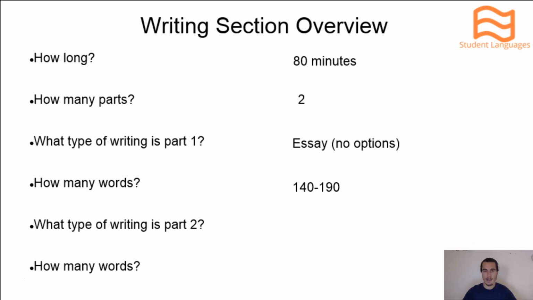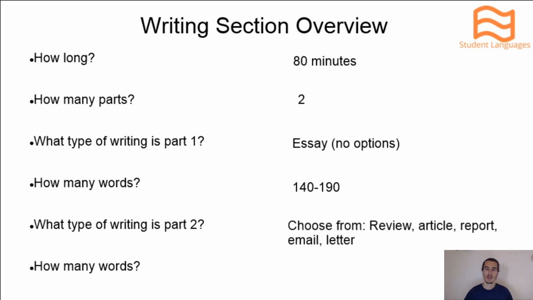I don't recommend reading or counting every word in the exam, because it would take too long. But if you practice doing that before the exam, you have a good idea how long 140 to 190 words is. So I do recommend counting them when you're practicing before the exam.